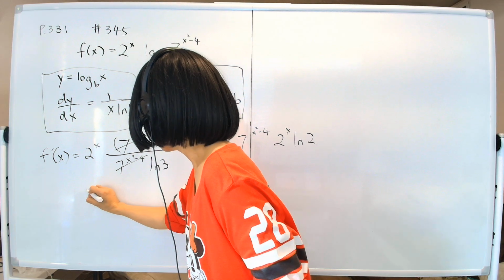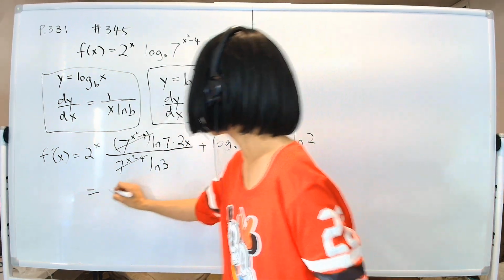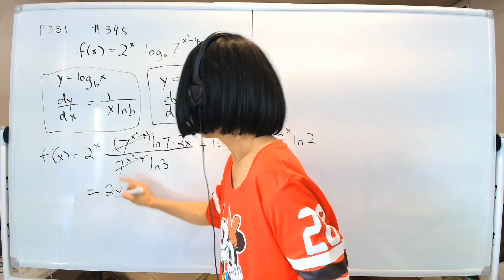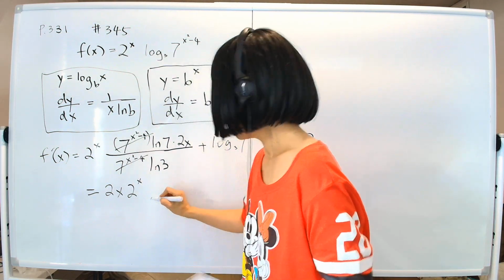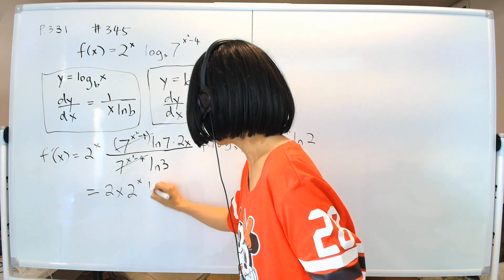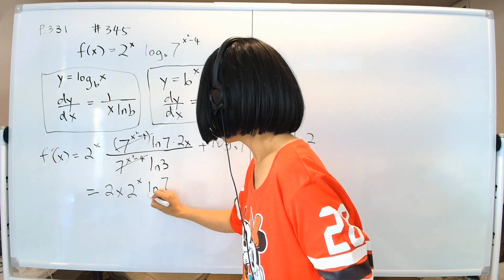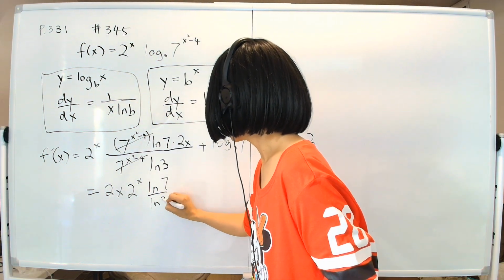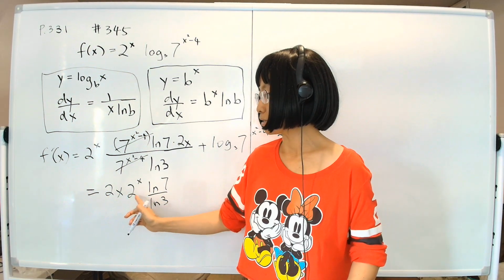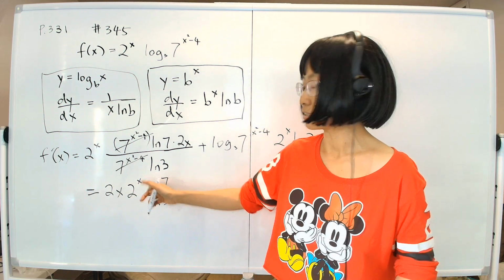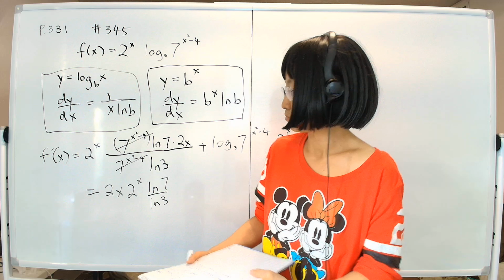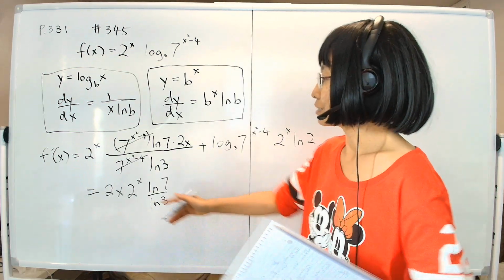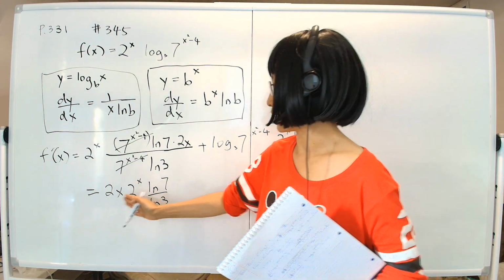The answer is 2x times 2 to the power x, and then natural log of 7 divided by natural log of 3. Now remember, the 2 here doesn't multiply into 2 to the x, because this 2 is being raised to the power x and you can't pull it out. Let's just keep it this way.